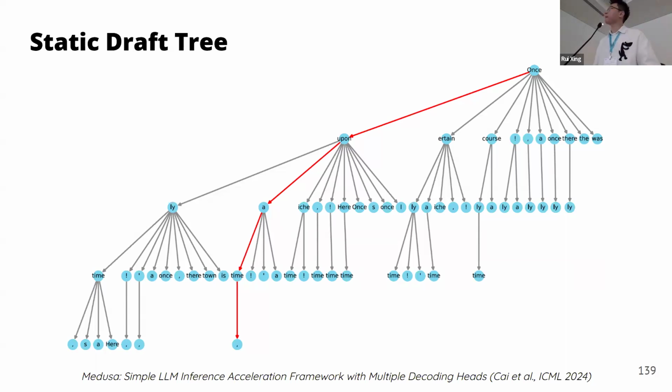It means that in this draft tree, we can see that the model pays more attention to the top one predictions. It is always the top one predictions, because the top one predictions have the largest confidence, right? And they are more likely to be accepted. So we should allocate more capacity to its subsequent tokens.